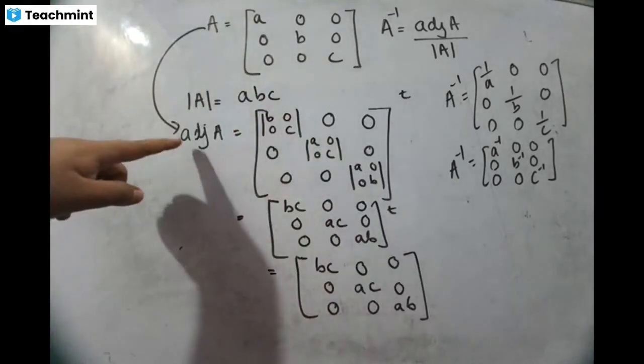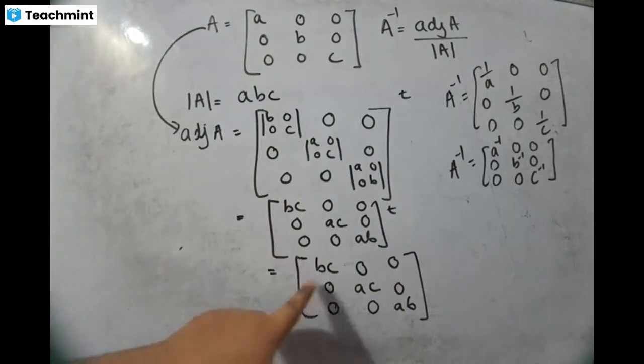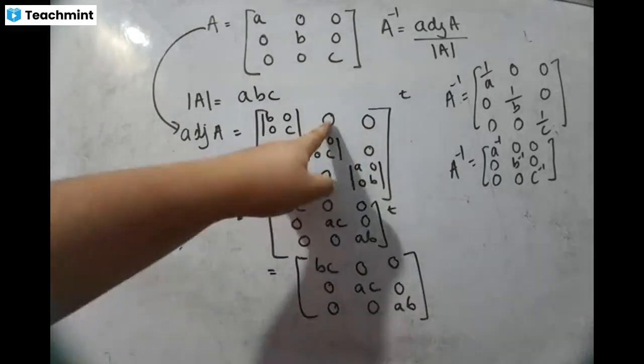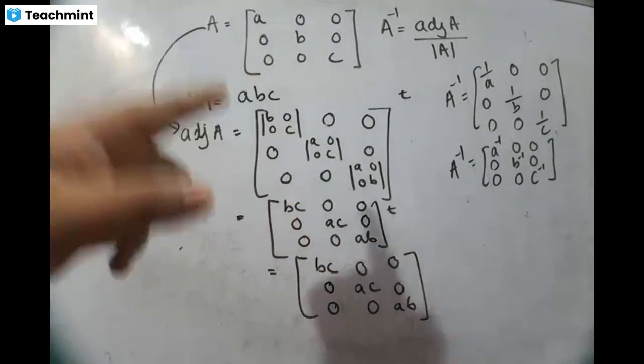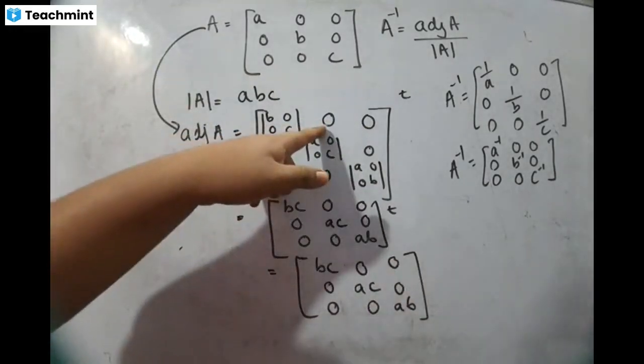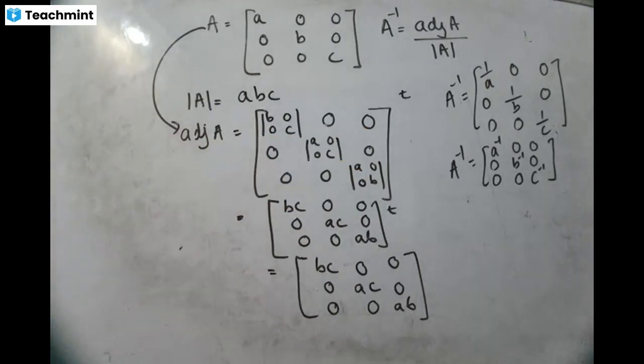Next, the adjoint of a diagonal matrix is also a diagonal matrix, so we don't have to find the cofactor of the second term, third term. What is the position of this? I've explained this many times in the first class. The position of this is in the first row and second column, A12. This is first row, third column, A13. So we don't have to find the cofactor of this. Is that clear? If you want, you can take a screenshot.